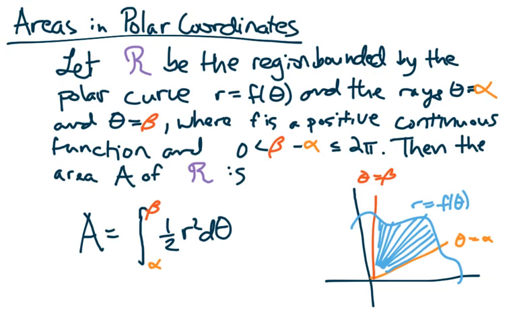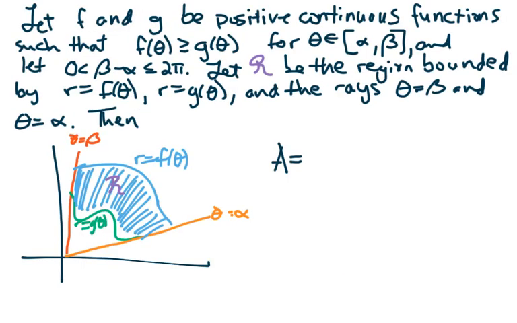In that case, we saw previously that the area of this region would be the integral from alpha to beta of 1/2 r squared d theta. Now, if we have two curves, and we want to find the area between them.